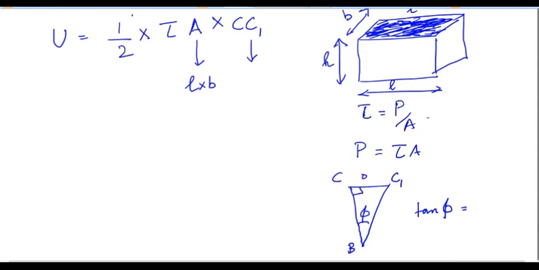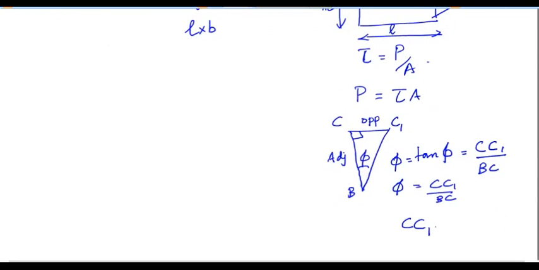This is your opposite side and this is your adjacent side. So tan phi is CC1 divided by BC. If the angle is very small, you can say tan phi is equal to phi. So phi is equal to CC1 by BC. From this, CC1 is equal to phi into BC.